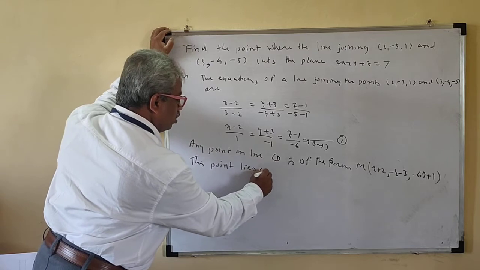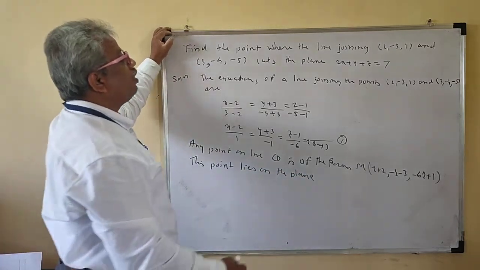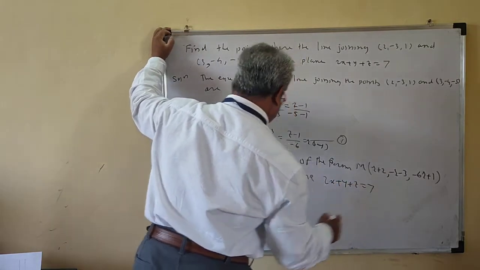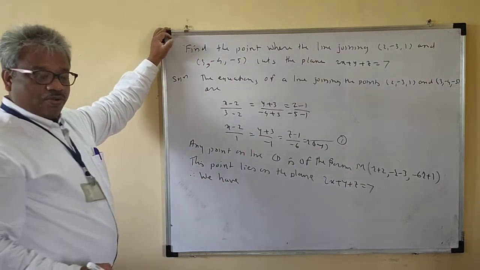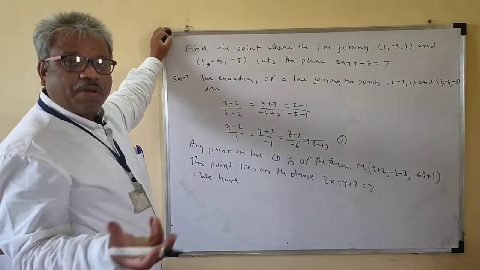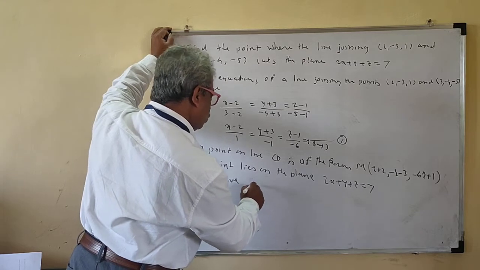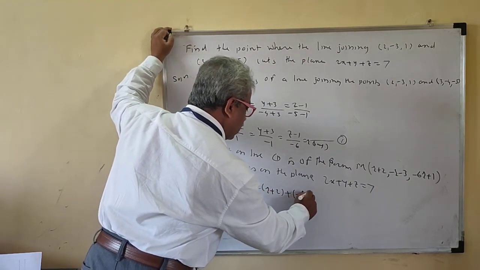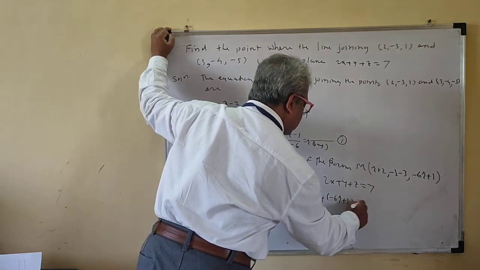Okay. This point lies on the plane. Okay. What is the equation of the plane? 2x plus y plus z is equal to 7. Therefore, we'll put M in the plane so that we'll get the value of r and we'll get a particular point. Okay, so we have 2 times r plus 2, plus minus r minus 3, plus minus 6r plus 1 is equal to 7.